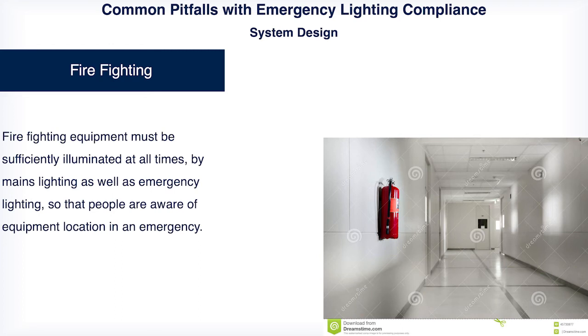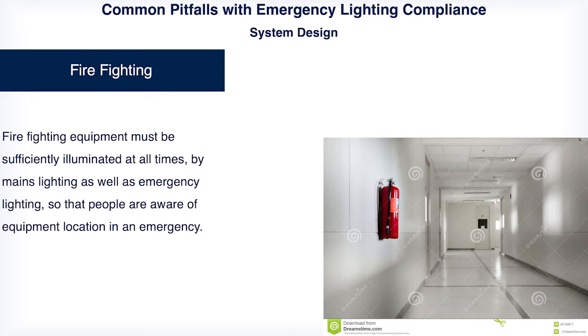Another pitfall then, moving on to firefighting, another pitfall that we often see when we look at lighting designs is that fire control and indicating equipment needs special consideration. So the illumination levels that we spoke about down the corridor, the 1 lux down the centre line, or in the open area.